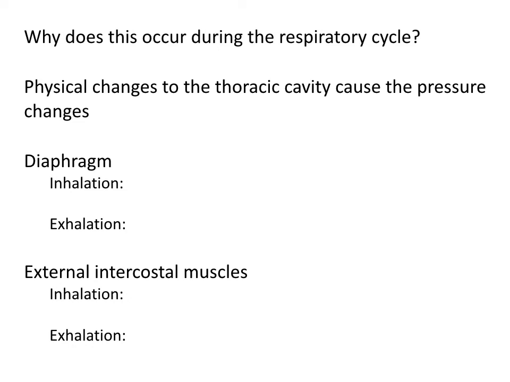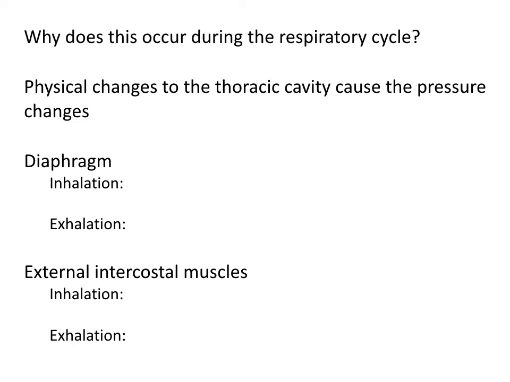Now, when you inhale, these two muscle groups are going to contract. The diaphragm, when it contracts, is going to flatten. And when it flattens, it pushes downward on the abdominopelvic cavity.